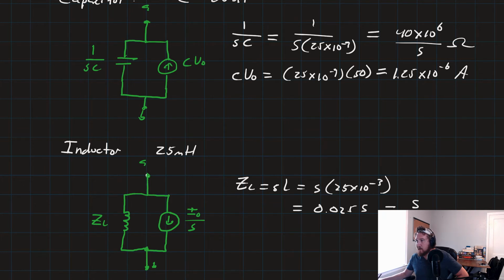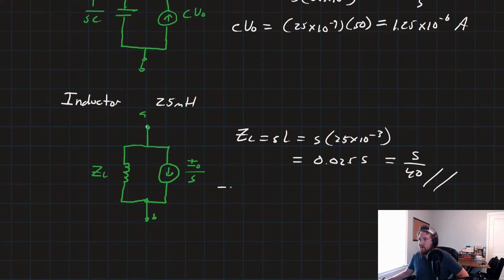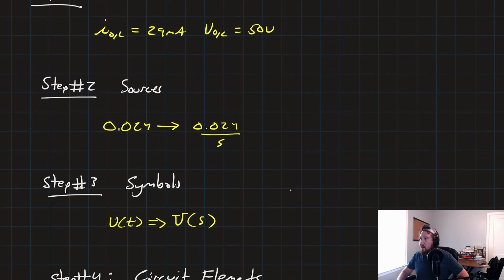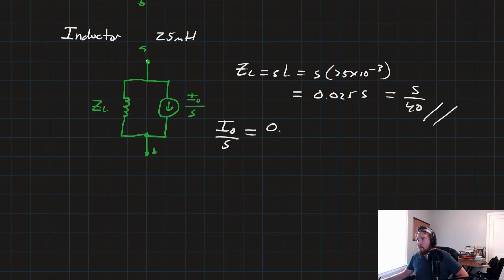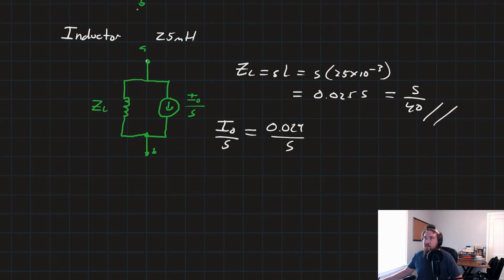I was staring at my notes, like, how did we get S over 40? Yeah, 1 over 0.025. So S over 40 is our ZL, and then our I naught over S is going to be equal to, what was our I naught? Our I naught was 29 milliamps. So we'll just say 0.029 over S. So now we're ready to go ahead and actually draw our new circuit here.